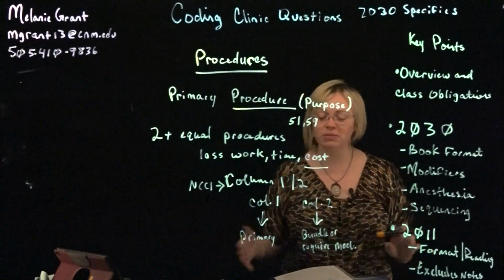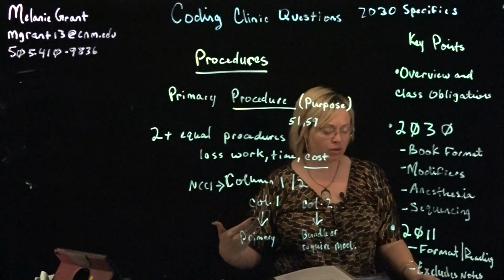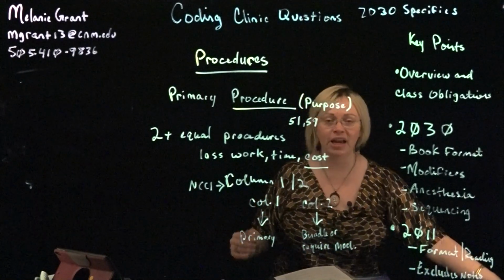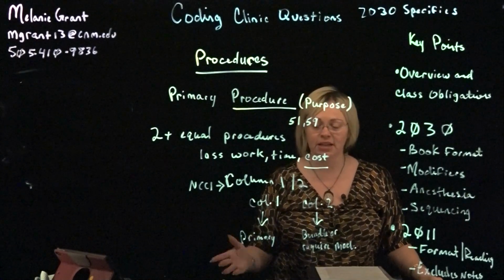Now that only works with some of the denied procedures, but if you go back into Learning Module 1, you'll be able to find where we did that exercise and pulled up column 1, column 2 in CCI edits, okay?